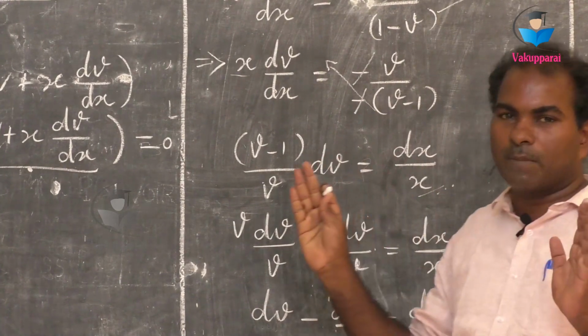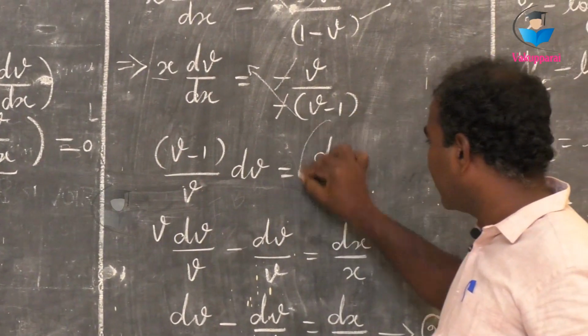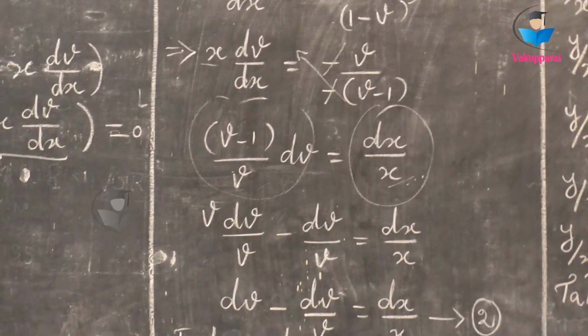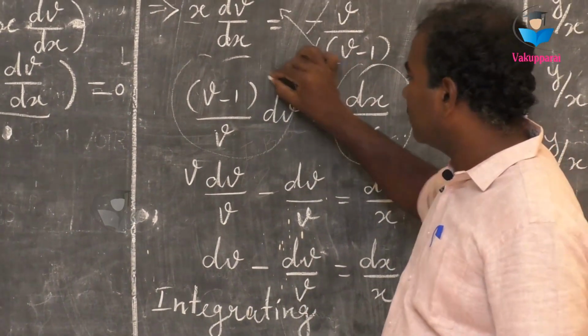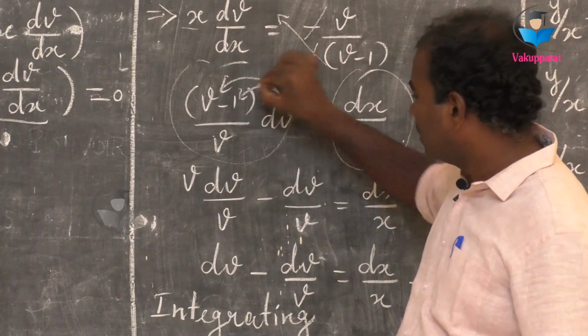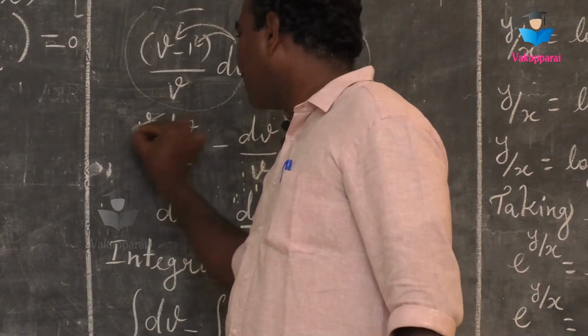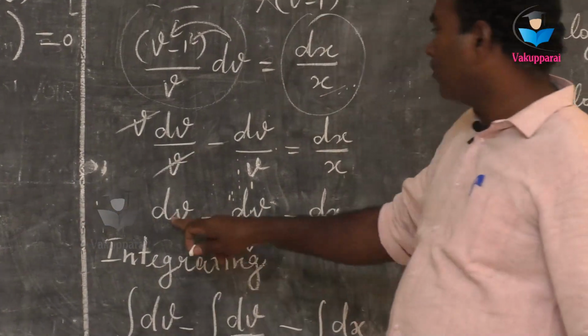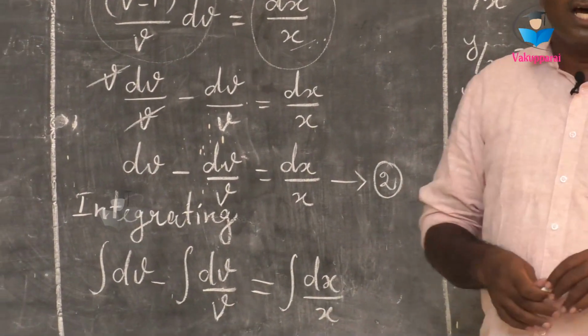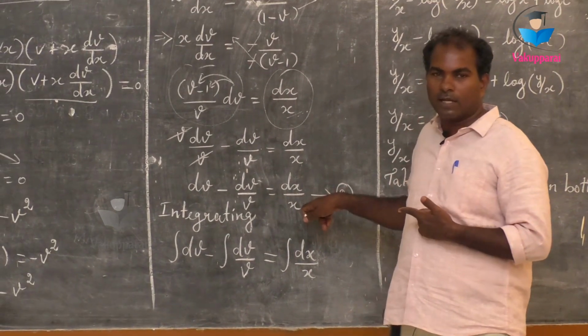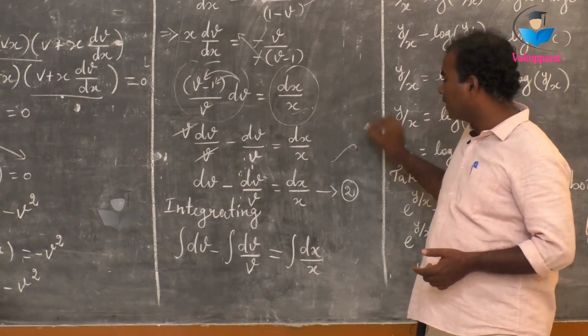Variable separable, just separating the variables. x variables are here, v variables are here. Next, simply multiplying, we will get this one. Cancelling the common terms, we will get this one. Now it's the method of variable separable.